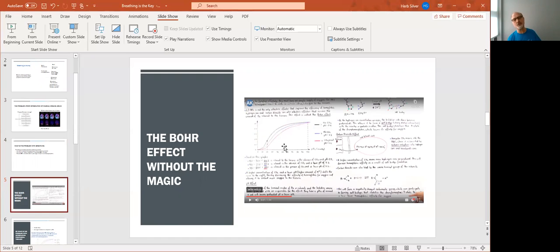As we go further to the right, these are curves with different levels of acidity and different levels of CO2. And what we find is that it's not just the acidity, but it's actually the presence of sufficient levels of CO2 that tell us what the ideal concentration of CO2 needs to be in order for oxygen to disassociate, let go of the red blood cell, and move into the muscle and brain and heart and liver.